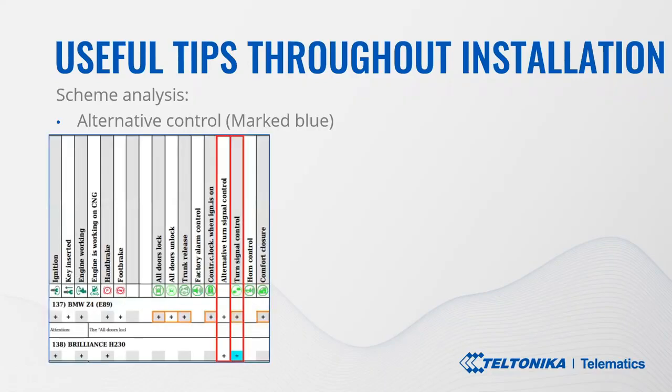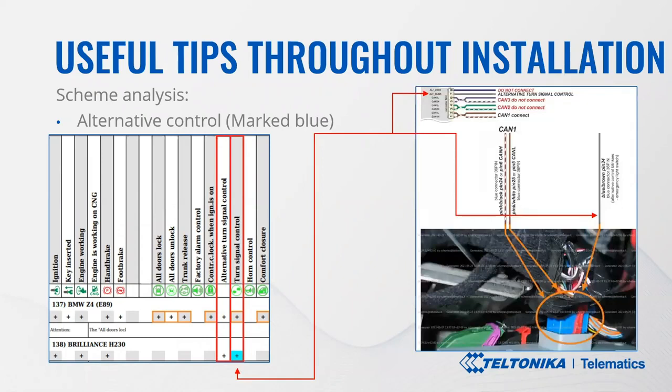In this case, you will be notified in the supported vehicle list with a light blue marker, basically a square, identifying that an alternative signal wire should be used. In the schematics, you will have a definition of where to find this alternative wire, and it will also be specified that you must connect this wire to the CAN control unit. Of course, in case it is specified that you do not connect the wire, no action should be taken.